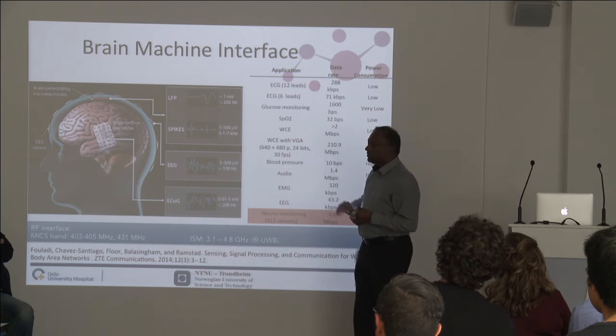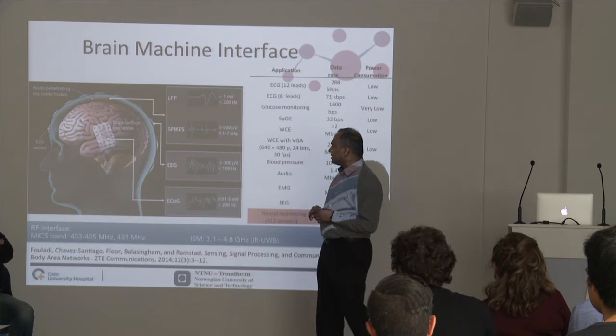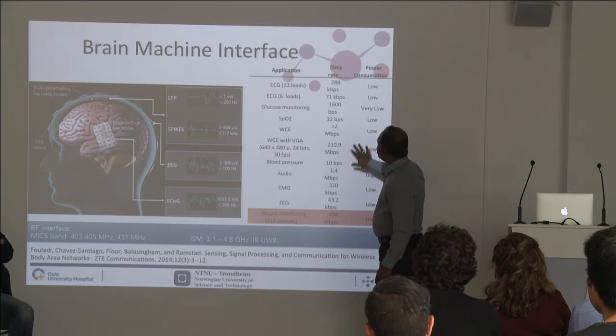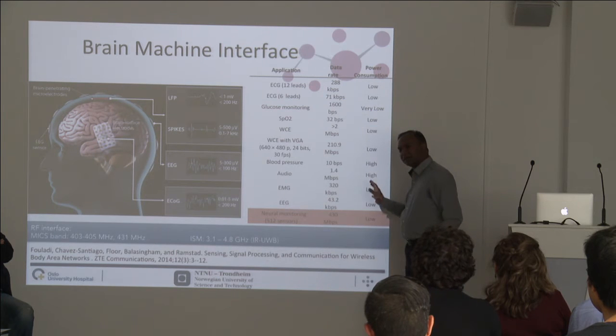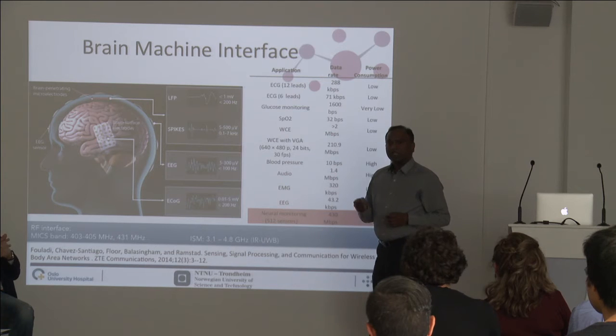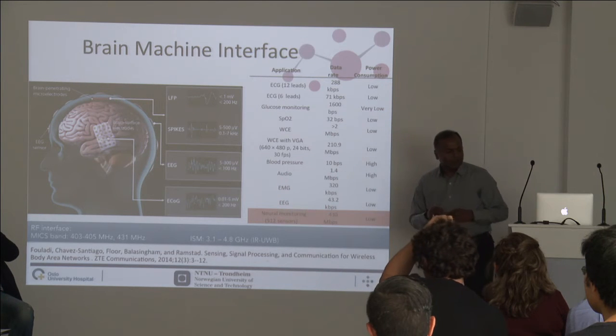So these are some of the applications that you could consider. And the issues that I wrote here basically come from communications. What are the rates that we are discussing and so forth, if you go all the way down to a single cell.